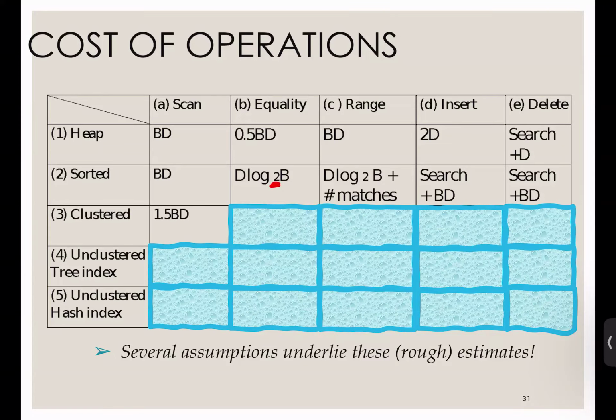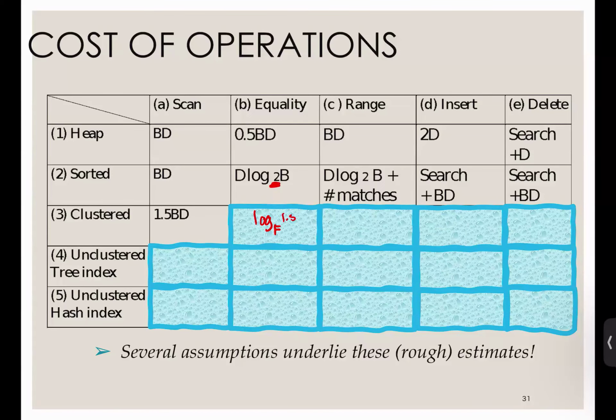So now, if we use B plus tree, we use fan out F. Whatever F is, it could be 50, it could be 100, it could be 400, whatever. So here, number of pages will be log base F, but the number of pages will not be B anymore.